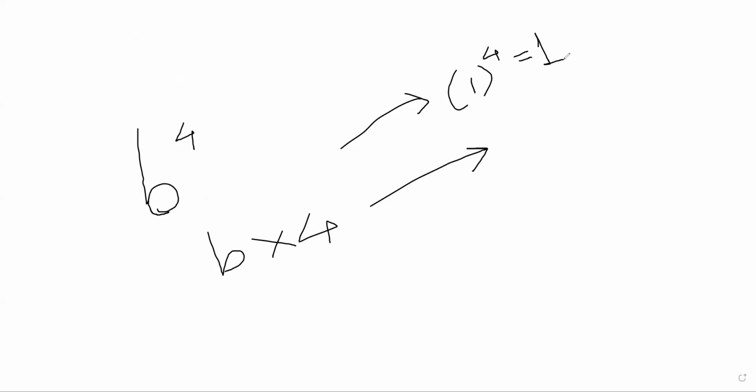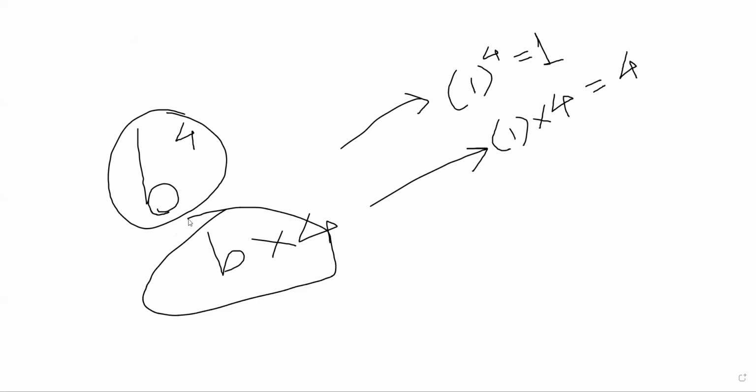So the final answer is 1 only. But below, if I again put b's value as 1, 1 fours are how much? 1 four is 4. So are the values same or different? Different. That's why you have to read properly. It is b raised to 4, not b4.